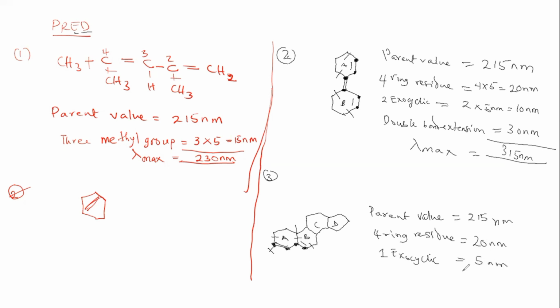So when you add everything together, it's going to give you a lambda max of 240 nanometers. I think that is very simple enough for you to grab. All right.